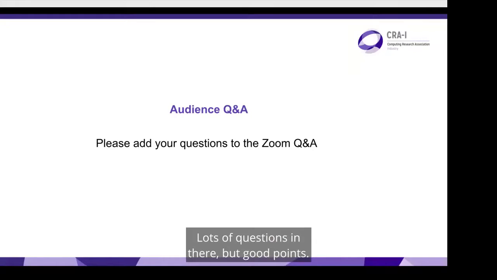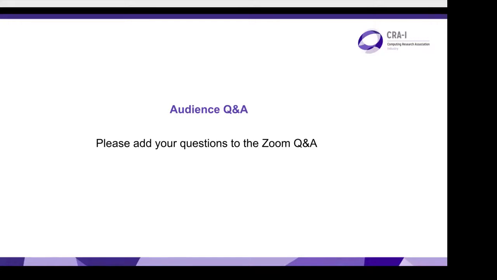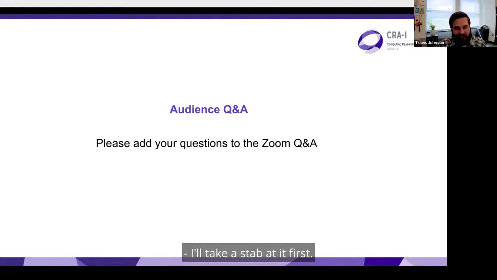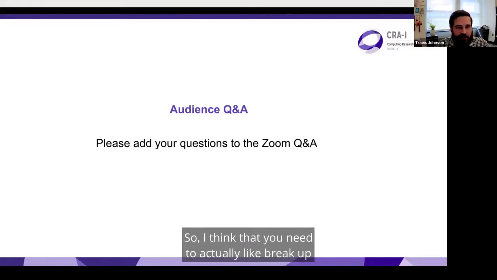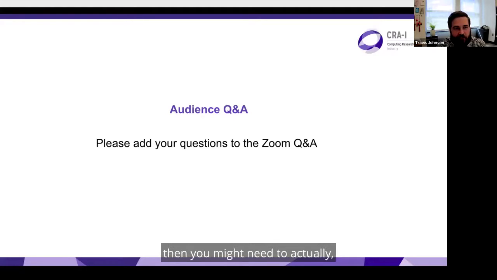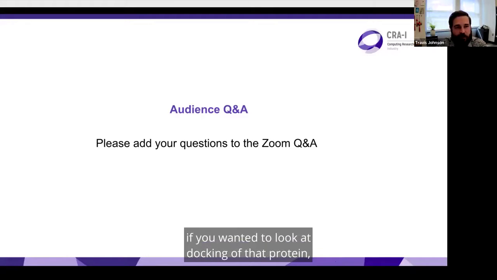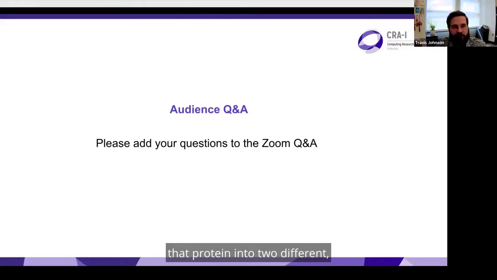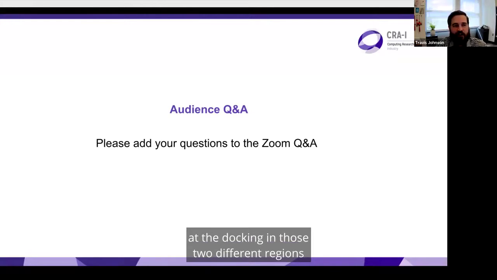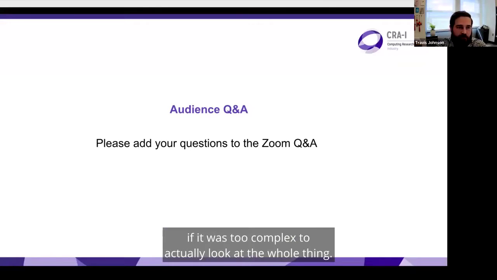Lots of questions in there, but good points. I'll take a stab at it first. I think you need to break up the problem into multiple smaller problems. If it's too complex of a protein, for instance, if you wanted to look at docking of that protein, then you might have to split up that protein into two different regions and look at the docking in those two regions, if it was too complex to look at the whole thing.